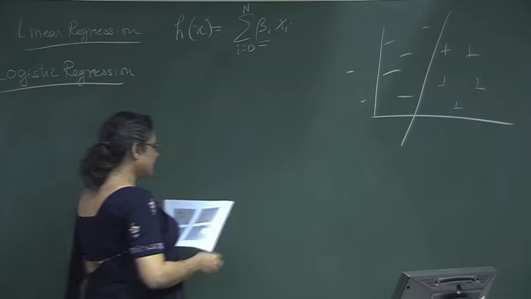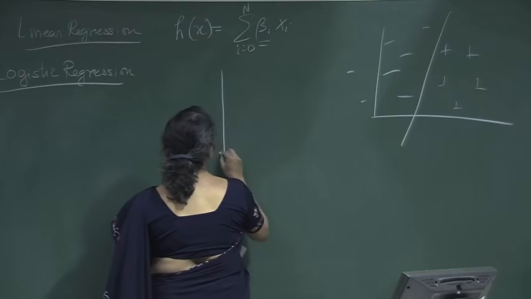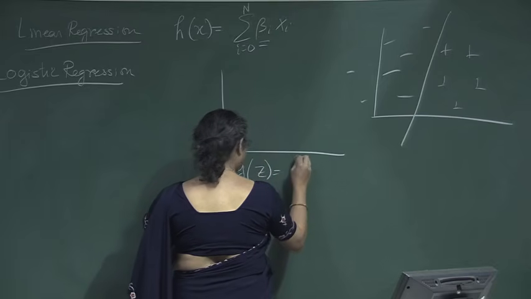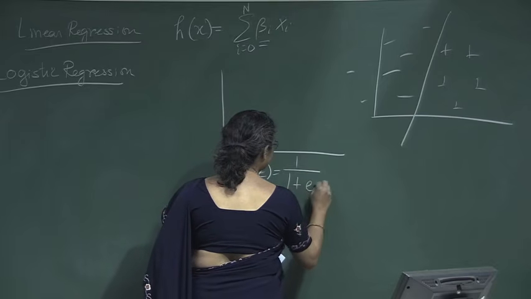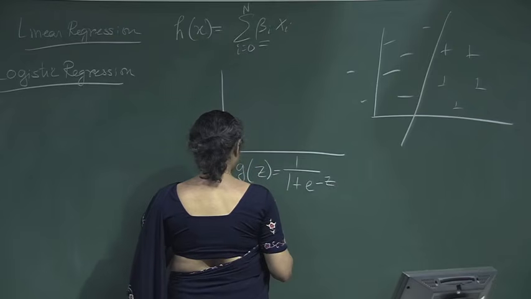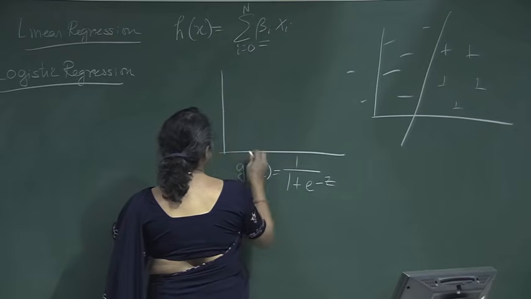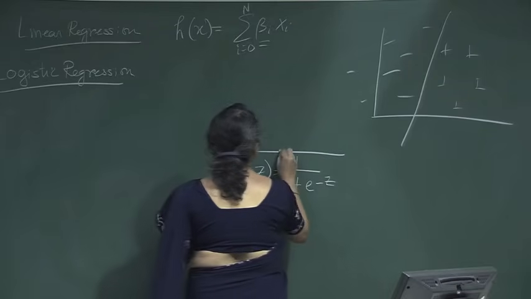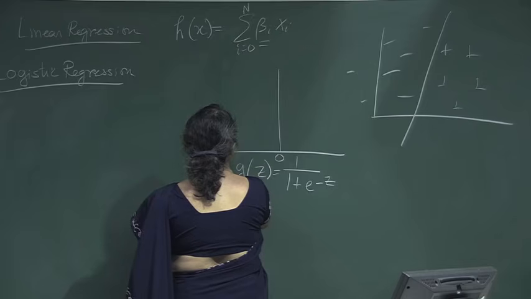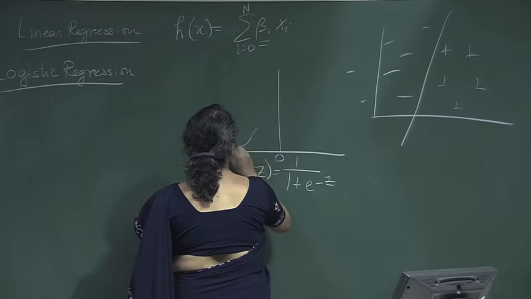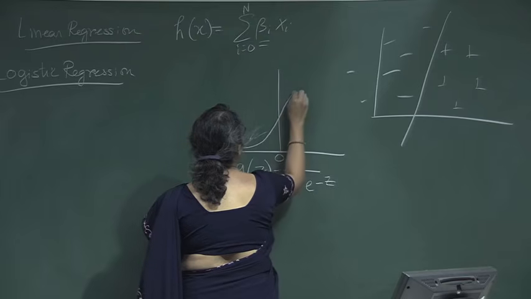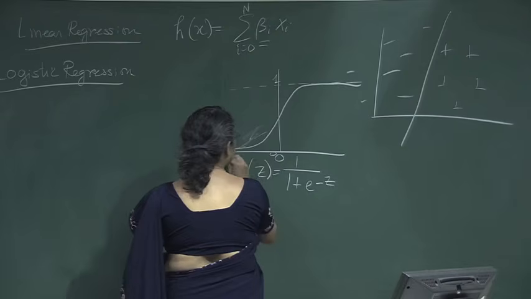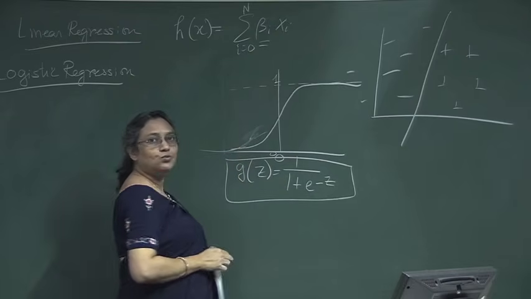First of all, let us look at what the logistic function, or sigmoid function, is. It is given by the formula g(z) equal to 1 by 1 plus e to the power minus z, and this function has the following profile. Suppose this is 0. The function has roughly this type of shape. The value of this function varies between 0 and 1.